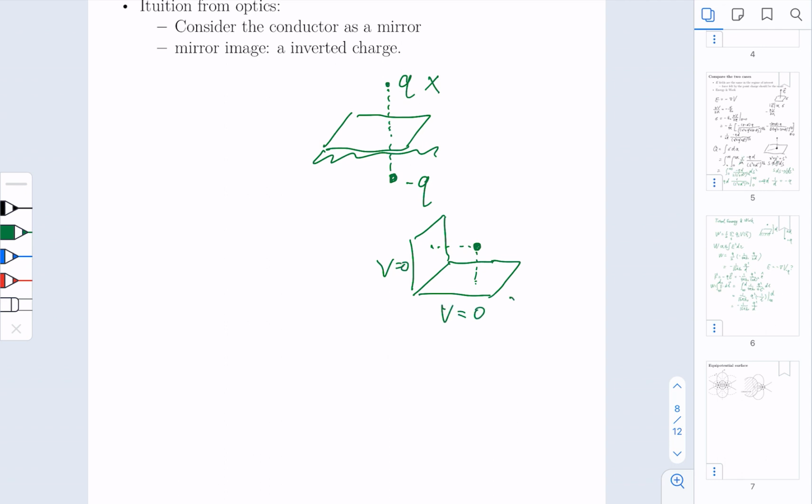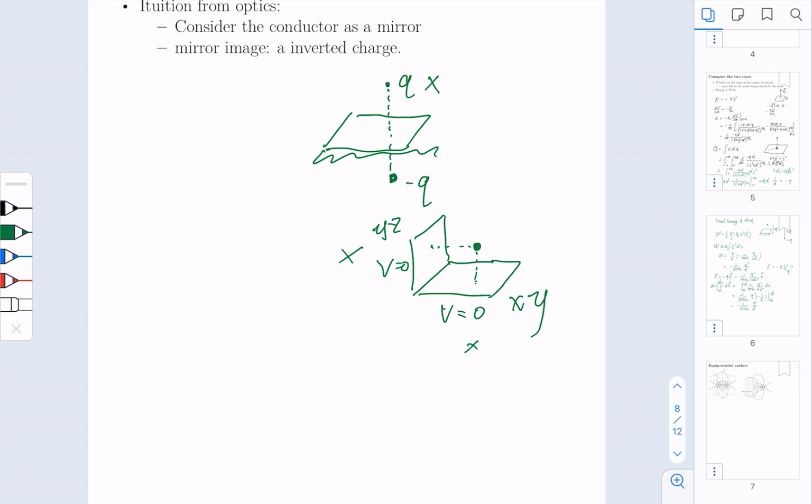So this is the xy plane, and this is the yz plane. Now you have two mirrors, and you can try to imagine what you will see in the mirror. You will see an image over here and also an image over here, but that might not be the end of the story.